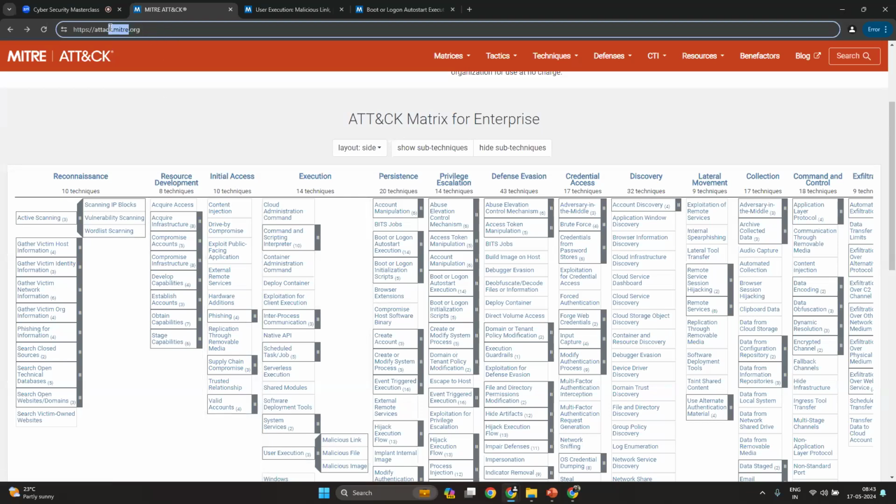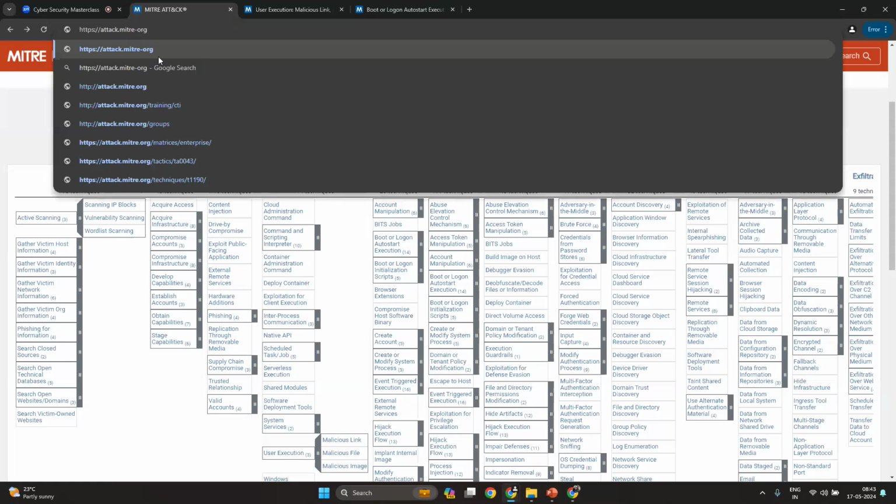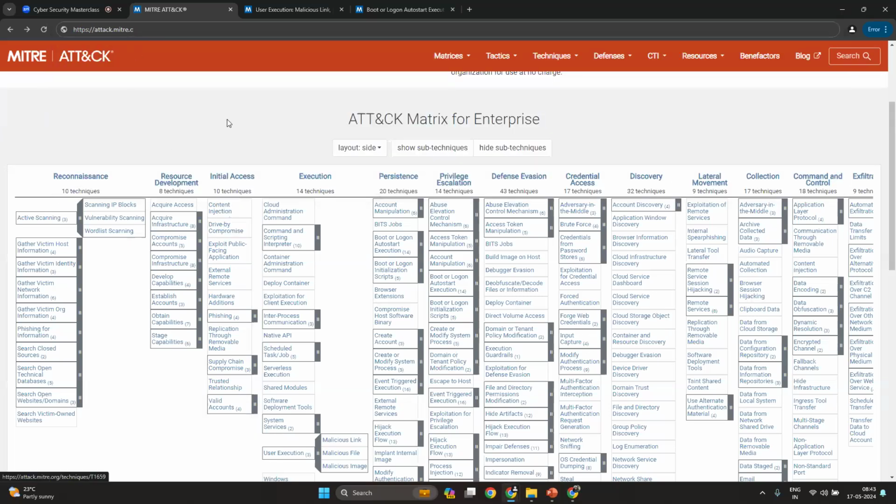Or let's say you have a mitre string in the domain, so somebody can create mitre-org.com as a MITRE framework lookalike. You can create a regular expression string with a certain keyword, and if a domain is created, send an alert so the team can understand whether it is a phishing domain.